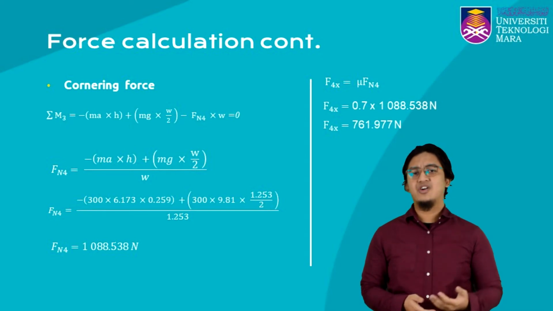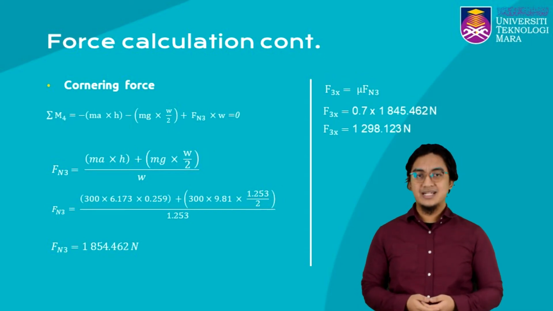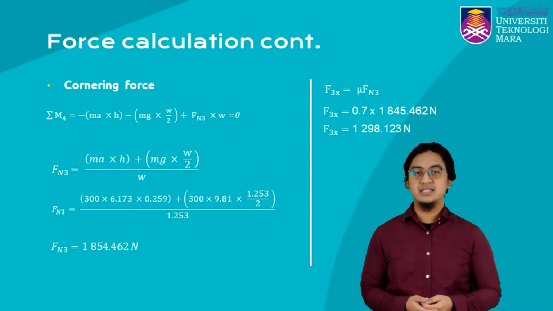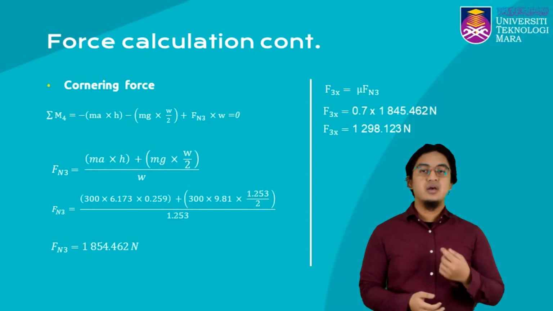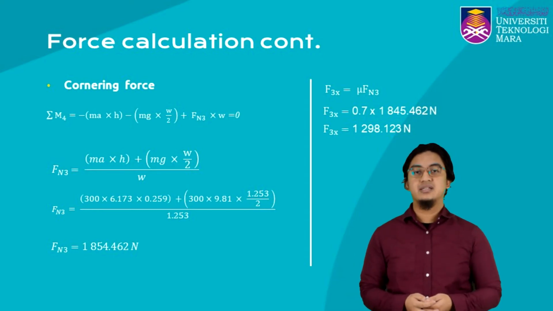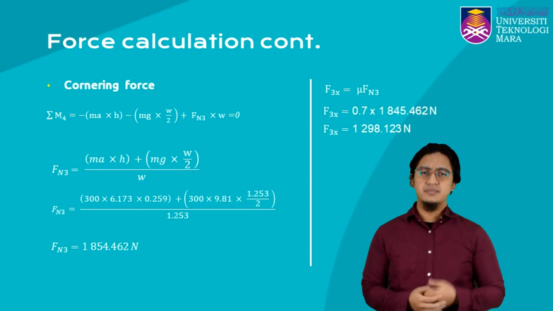The force acting on the outer tire can be calculated in the same way. The outer tire will create higher force than the inner tire due to weight transfer. The force at the right tire is 1298.123 Newton.